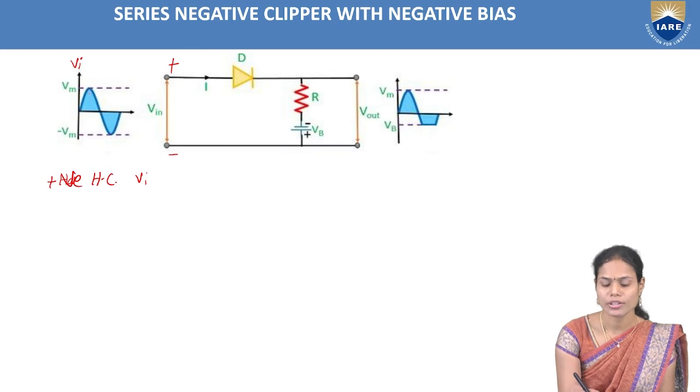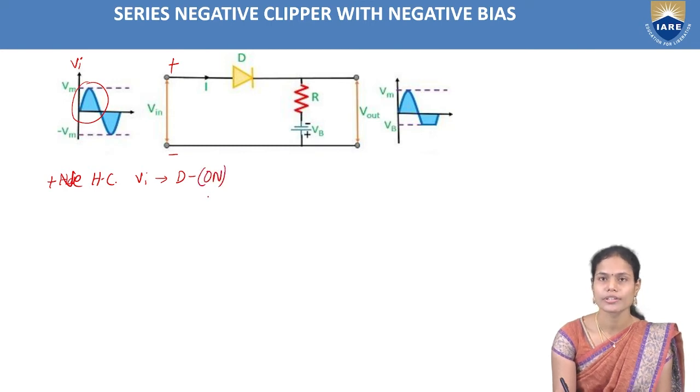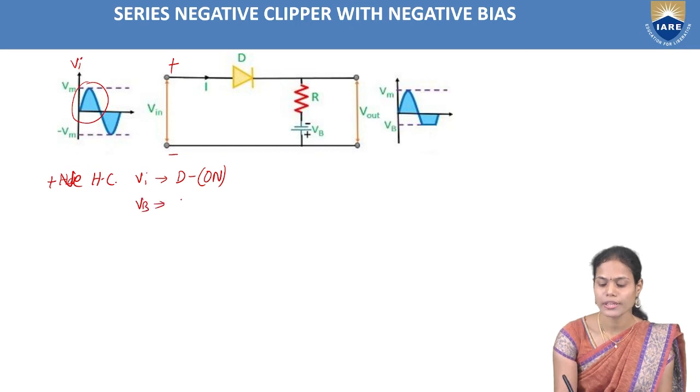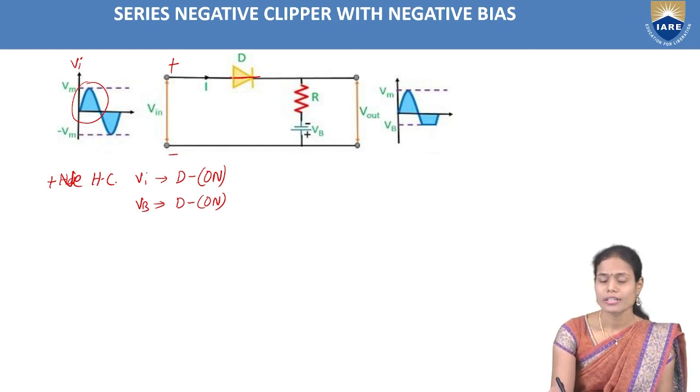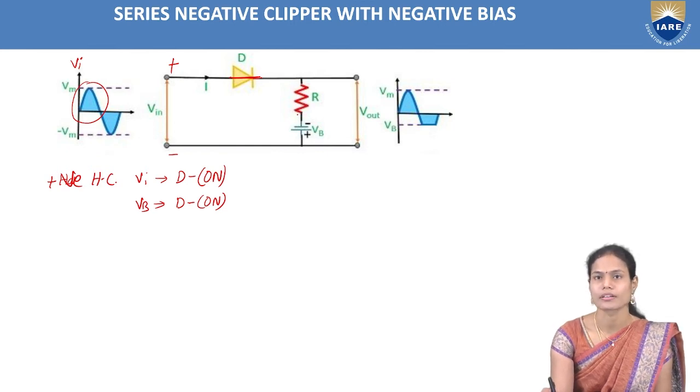In this case, for the positive half cycle, Vi is making the diode forward biased, so it enters the on condition, and VB is also making the diode on. The diode is conducting, so there is no drop across it, and the total voltage appears across the output, equal to Vi.